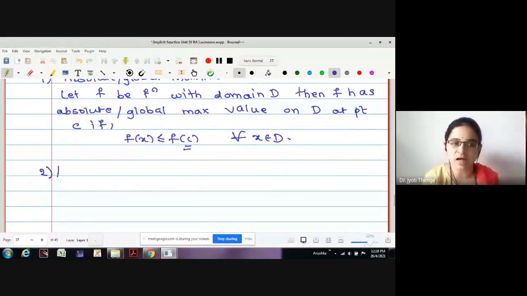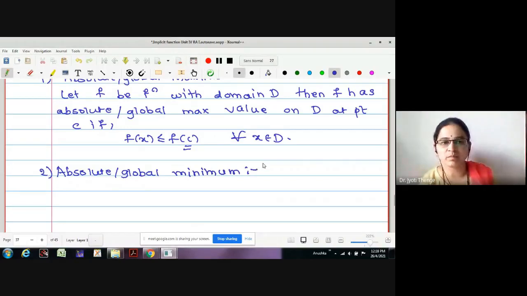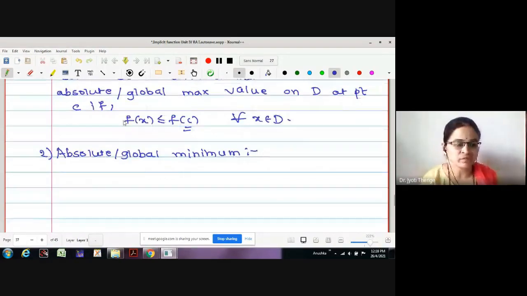Same definition one can write for global minima. Absolute or global minimum. The above concept was the same, here I just want to change this inequality.